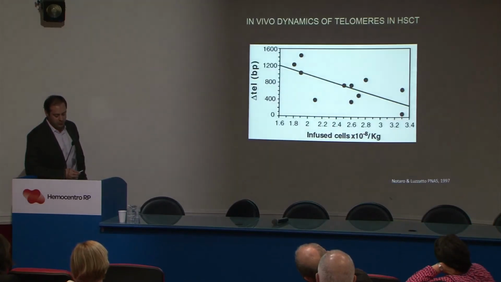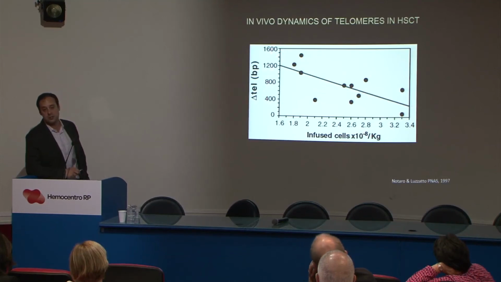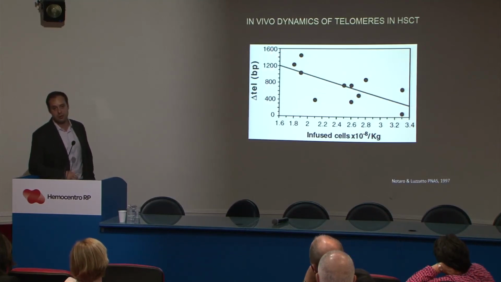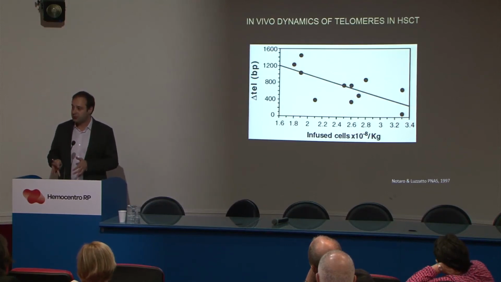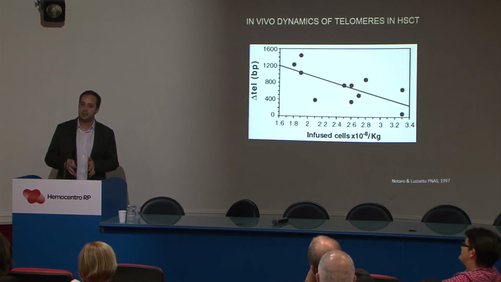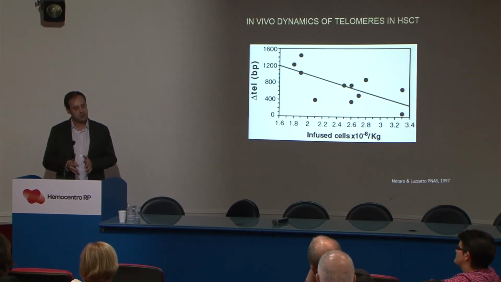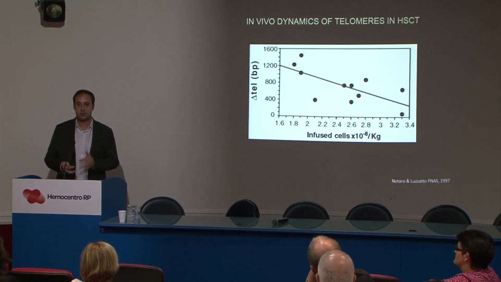What is more interesting is that when he looked at the correlation between the number of cells infused and the telomere shortening in these individuals, there was an inverse correlation. The lower the number of cells transplanted, the higher the telomere erosion, suggesting that the transplanted hematopoietic stem cells had to go through more cell divisions to replenish the recipient's bone marrow and keep up with hematopoiesis.